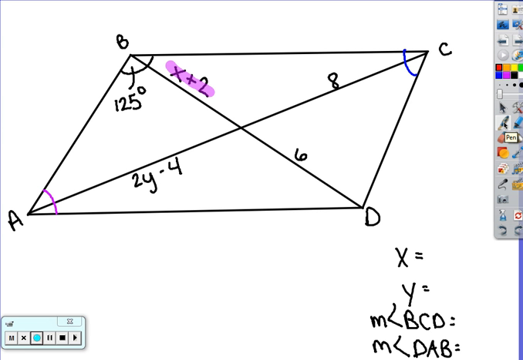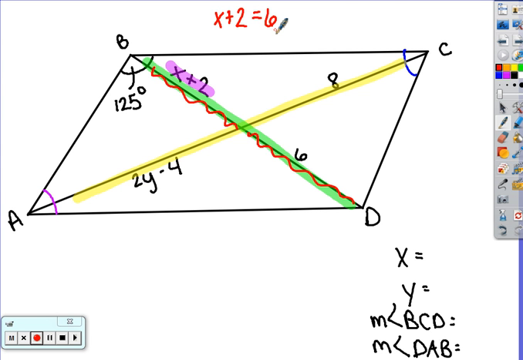So this diagonal here is bisecting this diagonal here, which means that this half is going to be equal to this half. So we could say that x plus 2 is equal to 6, which means that x is going to be equal to 4. We could also say that this piece is equal to this half, which means that 2y minus 4 is equal to 8, which means that y is going to be equal to 6.